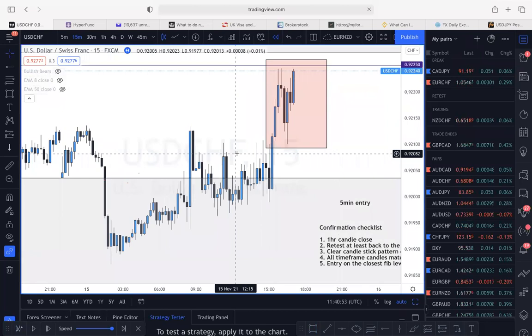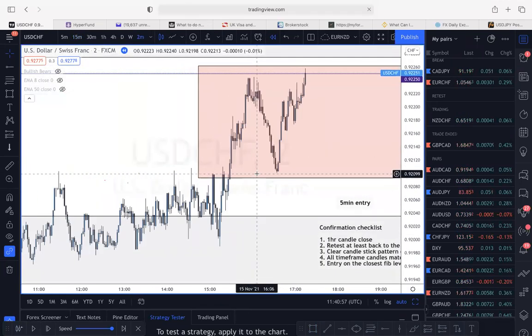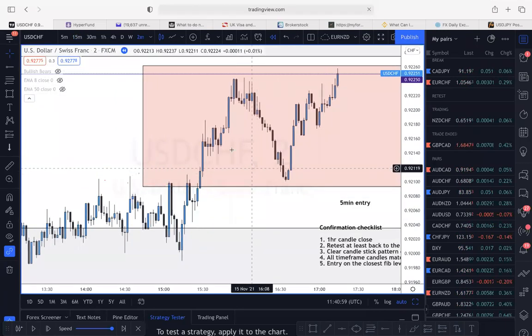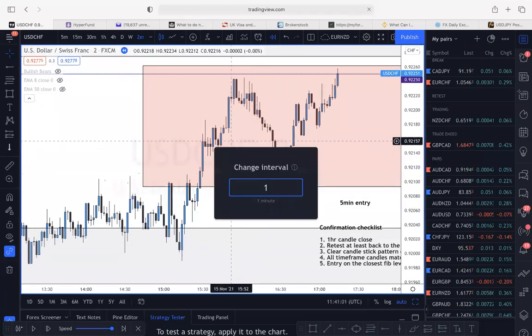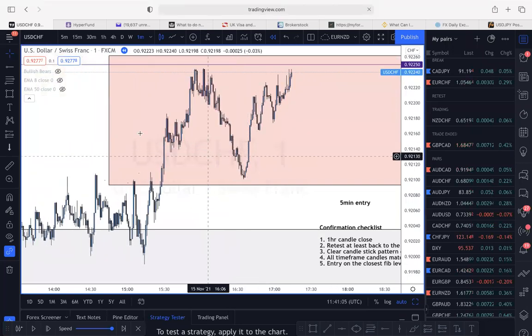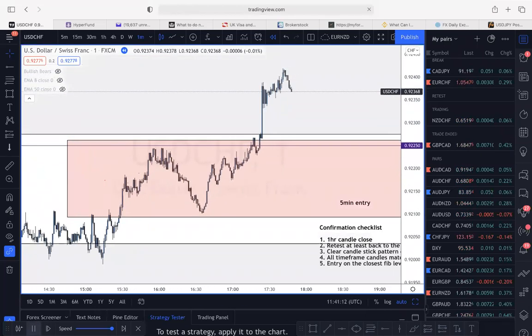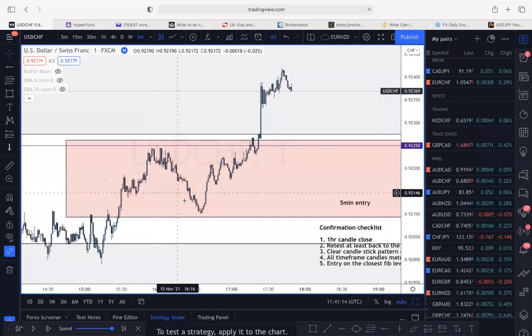Let's go to 2 minutes. Inside here, let's go on 1 minute actually. Do I have a sell structure here in order to take a sell trade?